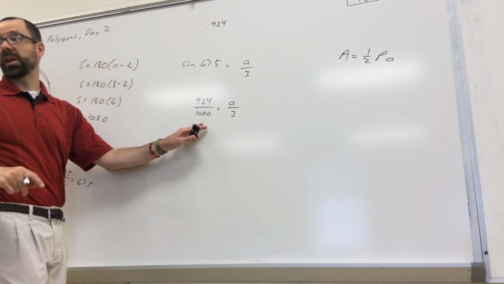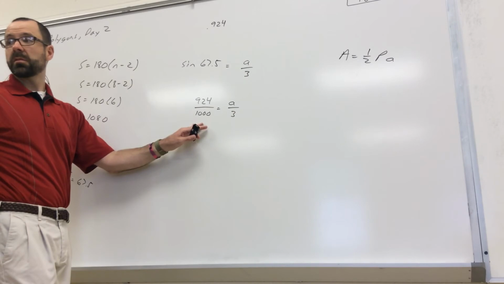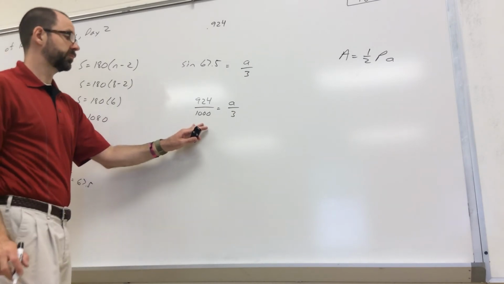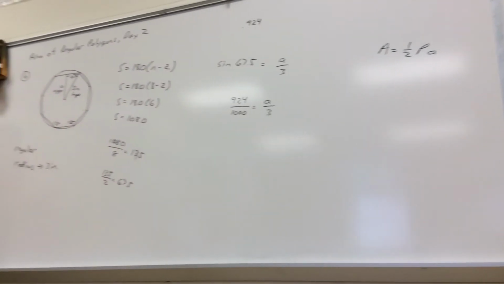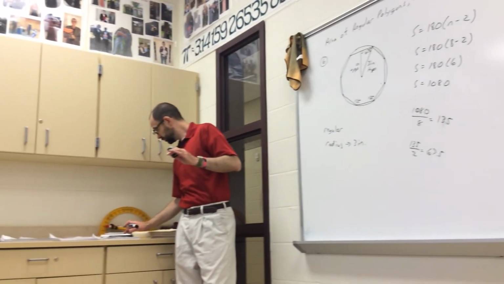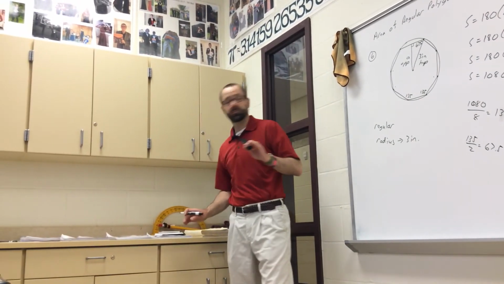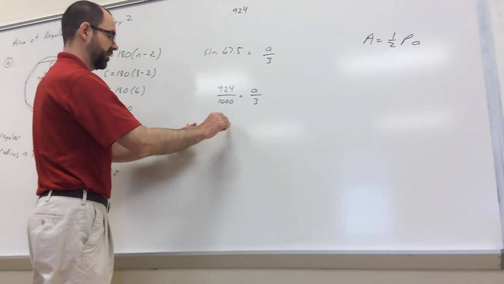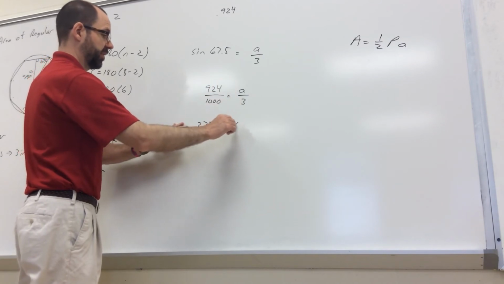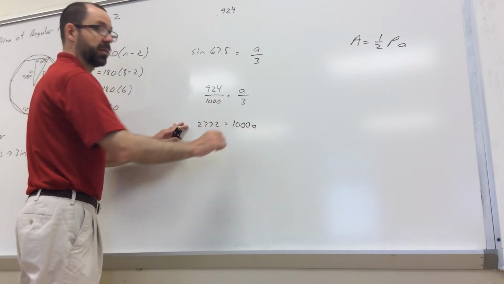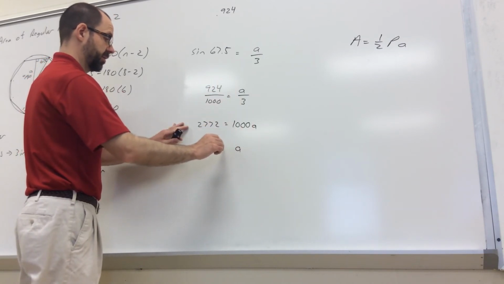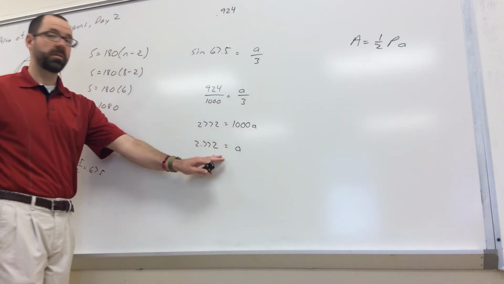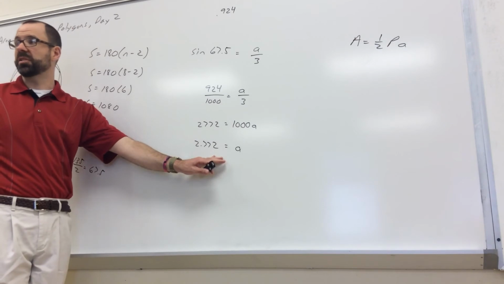And then you cross multiply. Three times 924 is 2,772. 1,000 times A is 1,000 A. Then divide by 1,000. A is 2.772.